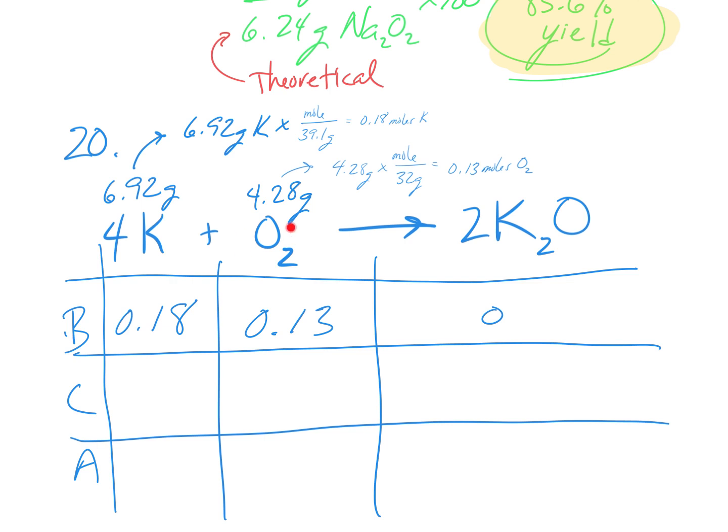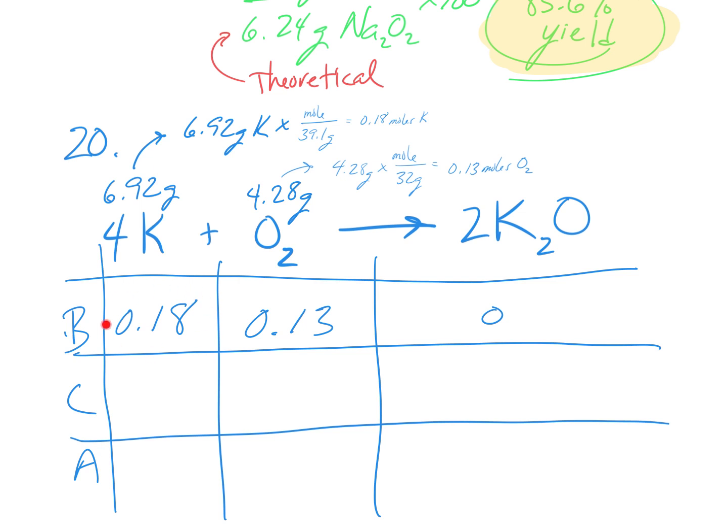For every one of these oxygens, I need 4 potassiums. So if I'm going to use 0.13 moles of oxygen, I need 4 times 0.13 of the potassium. That's going to roughly give me about 0.5 moles of potassium.